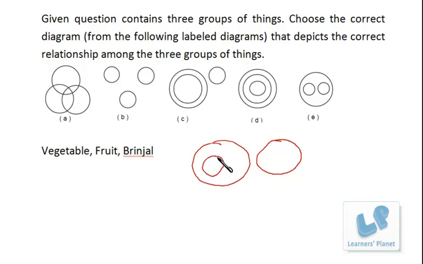So this is the set of vegetables, this is the set of fruits, and this is the set of brinjal, because brinjal comes in vegetables. This is the presentation of vegetable, fruit, and brinjal, and over here this is shown by option C. So option C is correct. I hope you are clear.